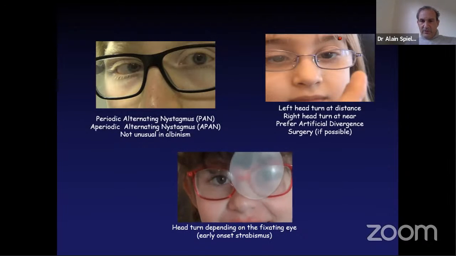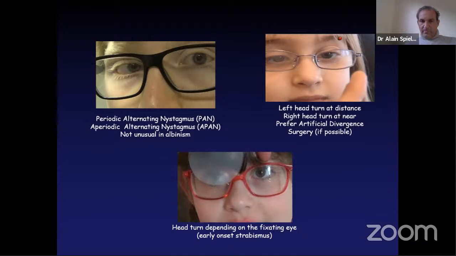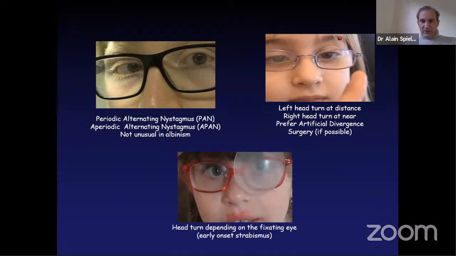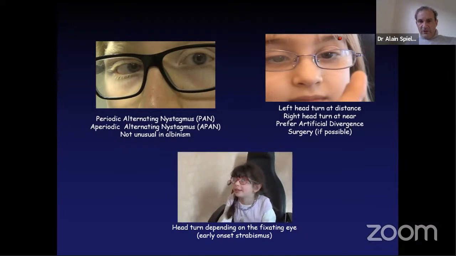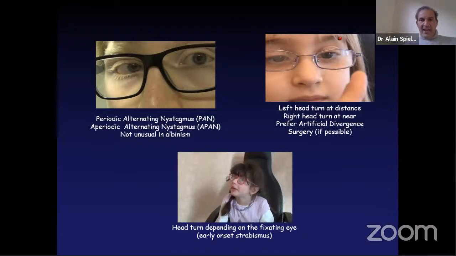This is asymmetrical. And you can see DVD, also vertical deviation under the screen. And she had preferential fixation in induction with a dominant eye, which is the right eye. That explains the head turn.